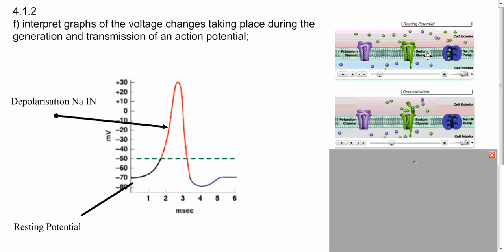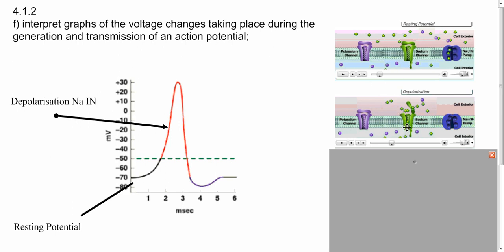This happens for a little while until basically the sodium has run out, as it were, and they've all moved down through the sodium channel and into the inside of the neuron. Typically, this changes the membrane potential to a value of around about plus 30. It can be different for different neurons. You may see it as plus 40 in your textbook, but around about that value.